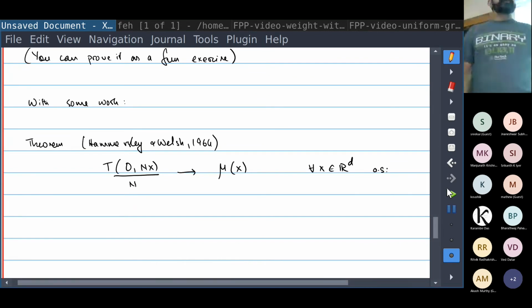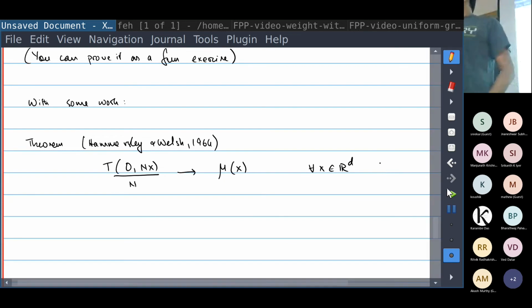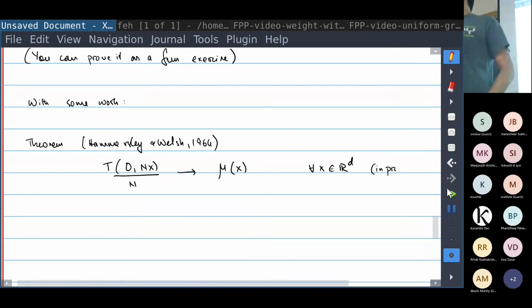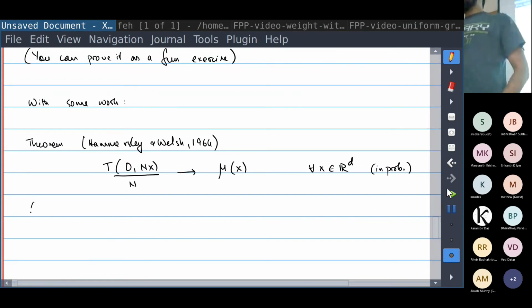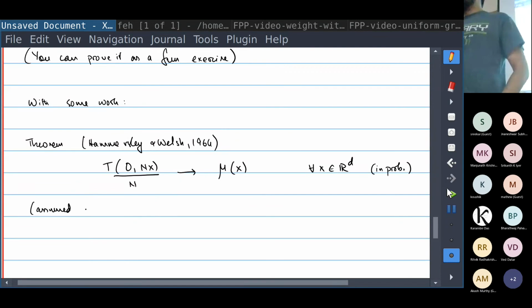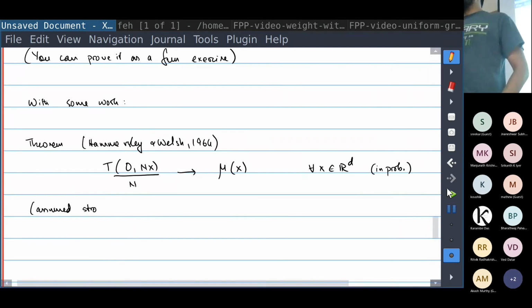For this, you just need stationarity of the weights, and maybe L1 and some moment. So they showed this, not almost surely, but in measure, in probability. And they assumed quite a lot of things, say, strong moment assumptions about the weights.